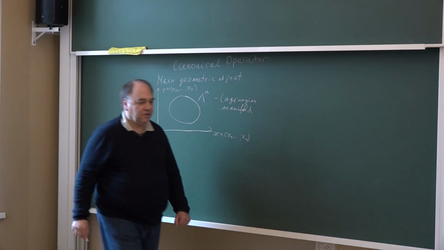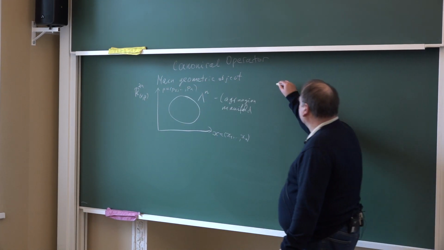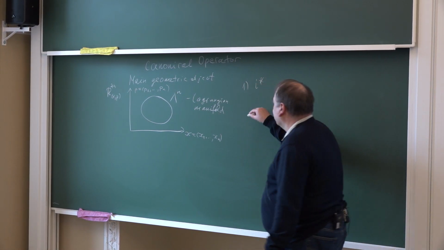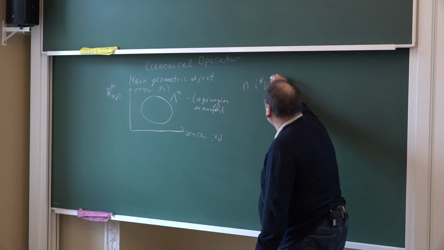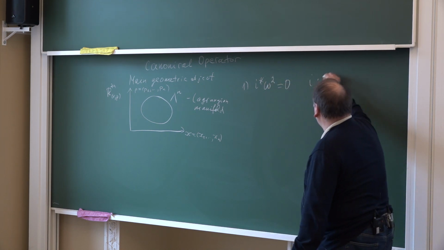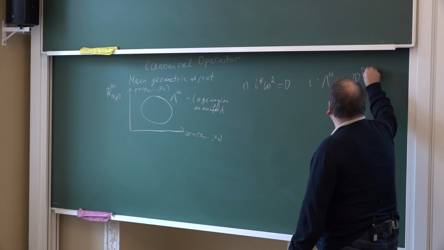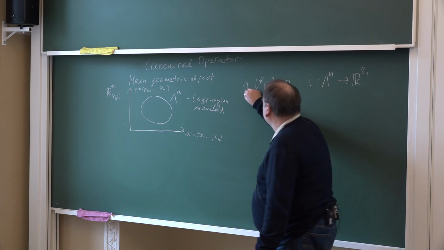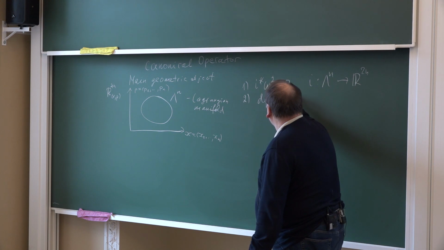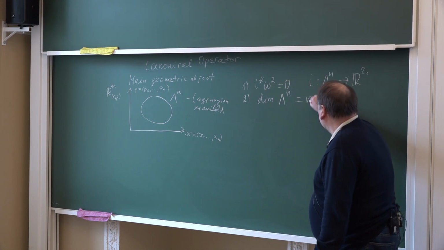Recall that by saying that this is a Lagrangian manifold, I mean two things. First of all, the pullback of the symplectic form is 0, where i is the embedding of Λ^n into R^{2n}. And second, the dimension of Λ^n is equal, strange as it may seem, to n.